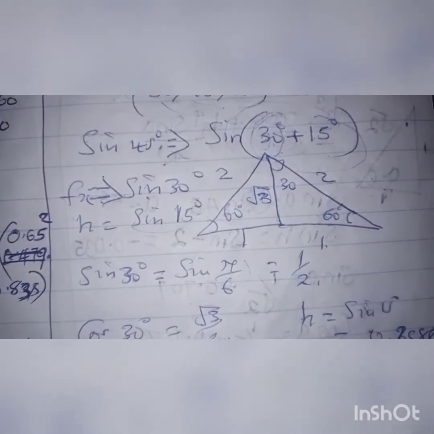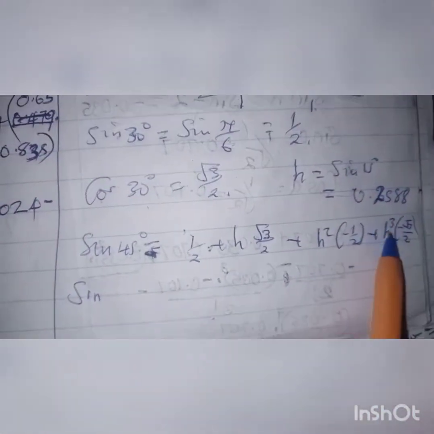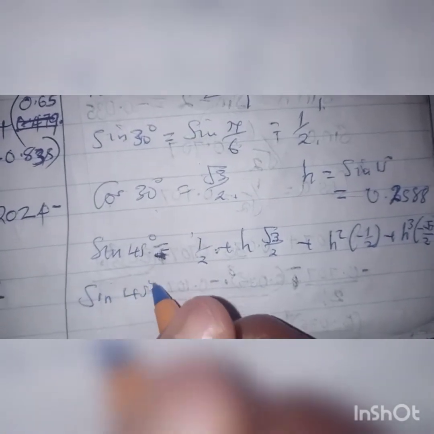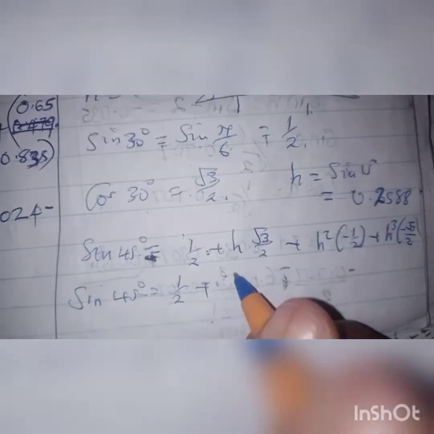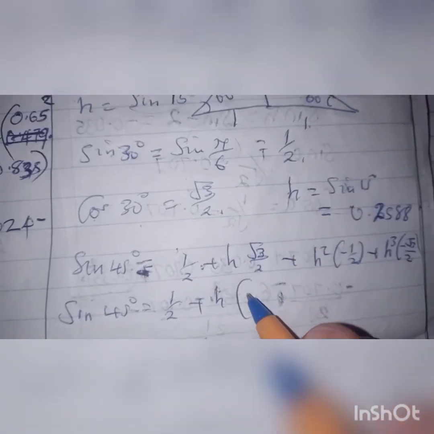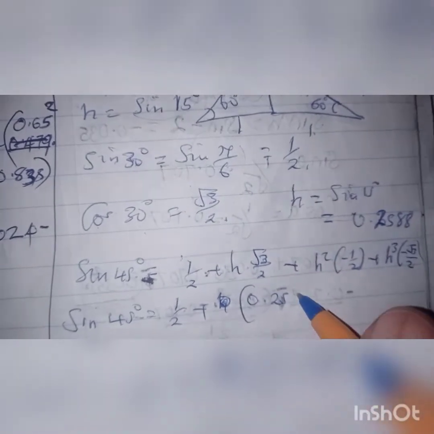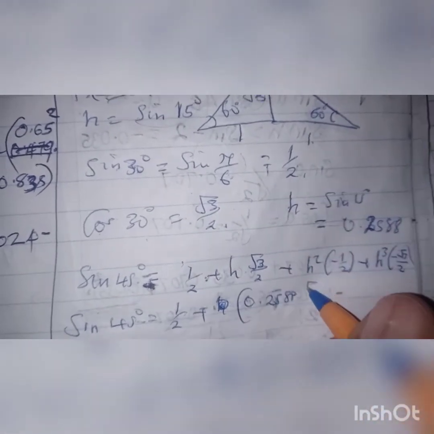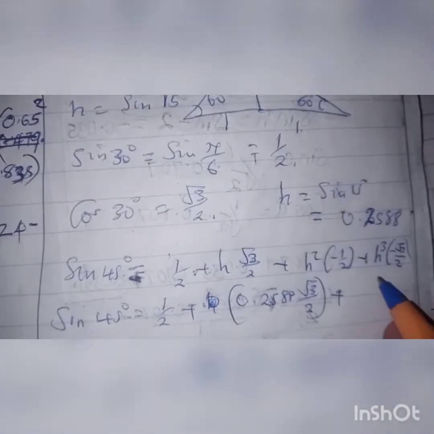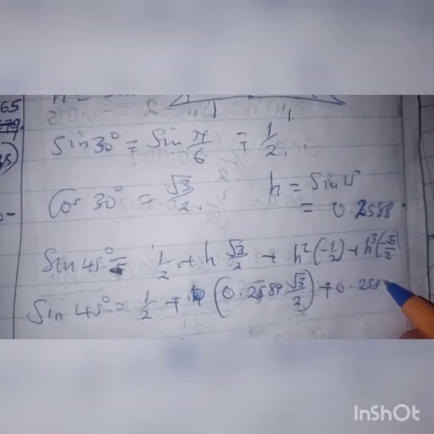Sine of 45 degrees is a half plus h into root 3 over 2, where h is 0.2588.